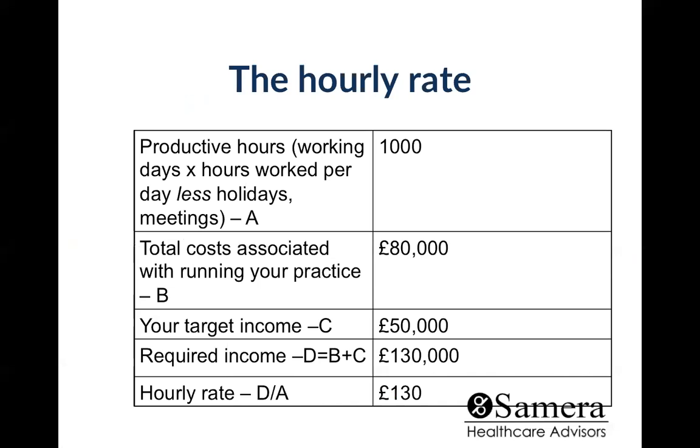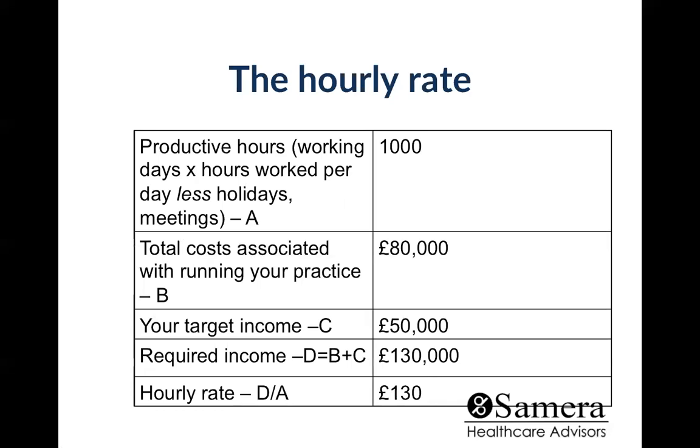And you want to take home £50,000. So that's C. So required income, in order to get 50,000, you need to be generating £130,000. Now, the number of hours that you work is 1,000. So basic arithmetic gives £130 per hour in this particular example.